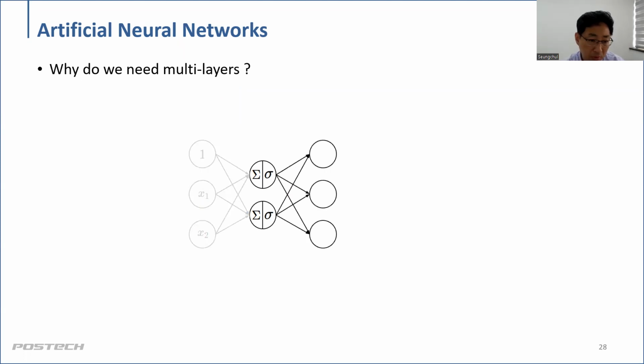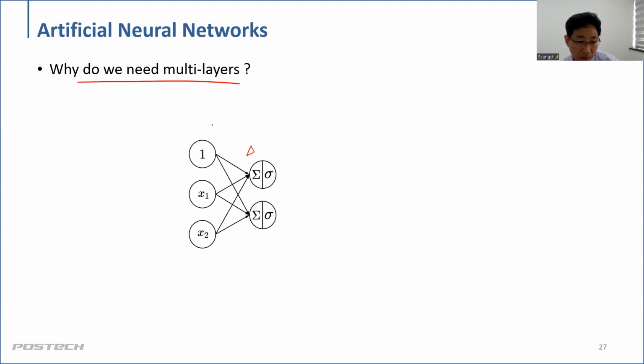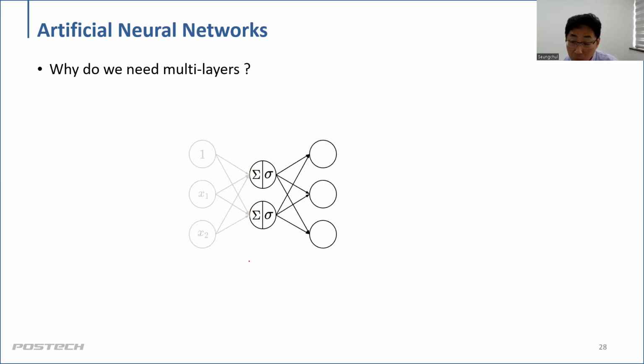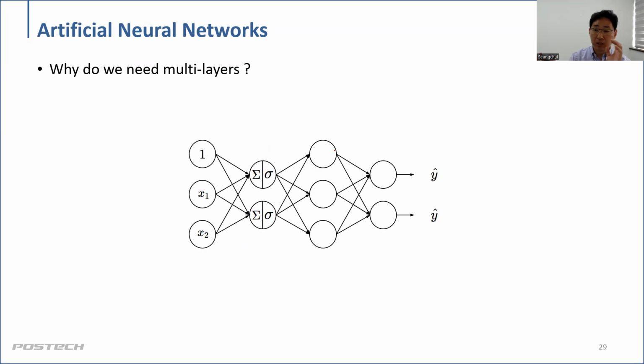And if you do like that, in the original problem, this one was the input and outputs. And if you add more layers, now this one is another input, and this is the output of that. So this is kind of typical representation of multi-layer perceptron or artificial neural net.